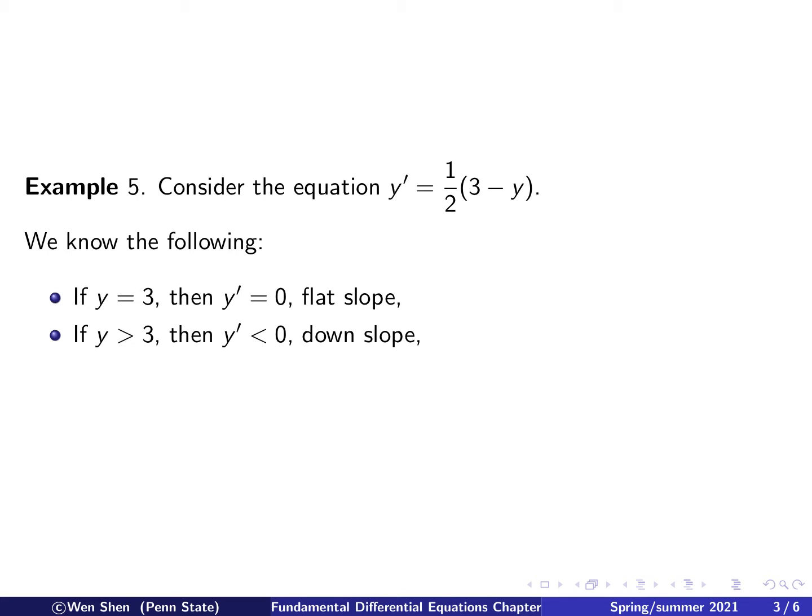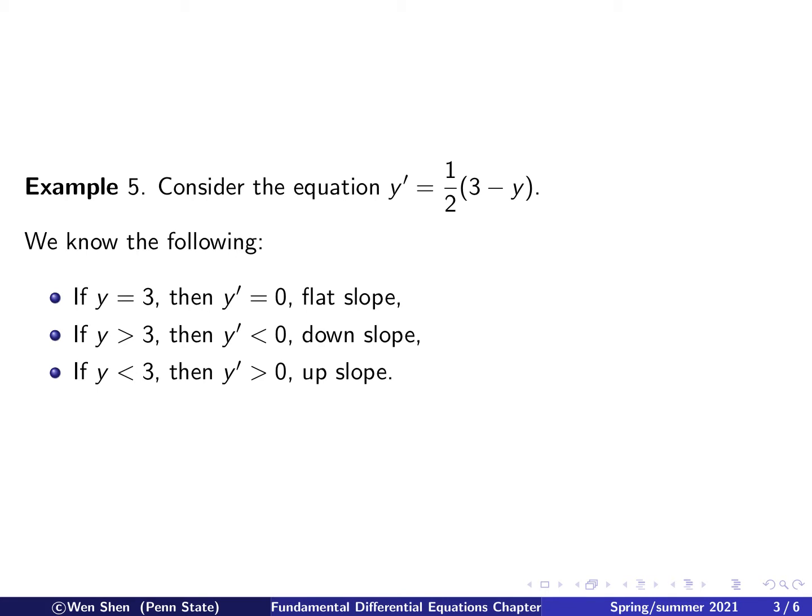If now y is bigger than 3, then we know 3 minus y is less than 0. So y prime is less than 0, and the directional slope will point down. And finally, when y is less than 3, then 3 minus y is positive, so y prime is positive, and then we will have upslope.